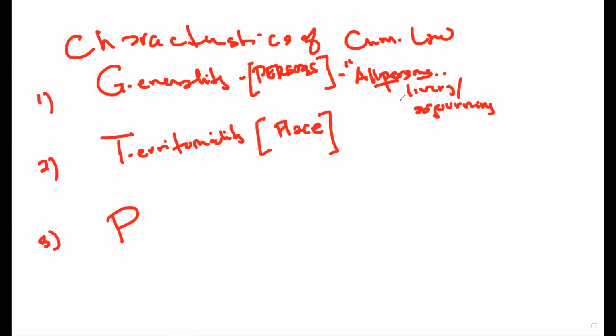So, all persons living or sojourning in the Philippines are subject to our Philippine criminal jurisdiction. Here comes an American, living in New York, who only visited the Philippines. He was arrested for carrying marijuana.